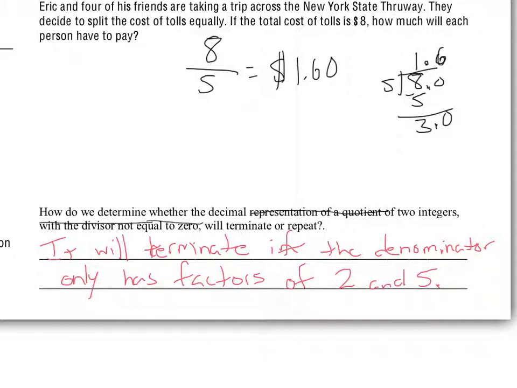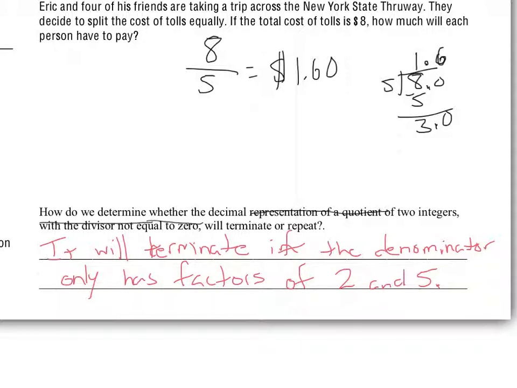So that's what we're looking for. We know it's going to terminate if it only has factors of 2 and 5. So that's like 2 times 2 times 2 times 2 times 2 will give me 64. That number is going to give us a repeating decimal.